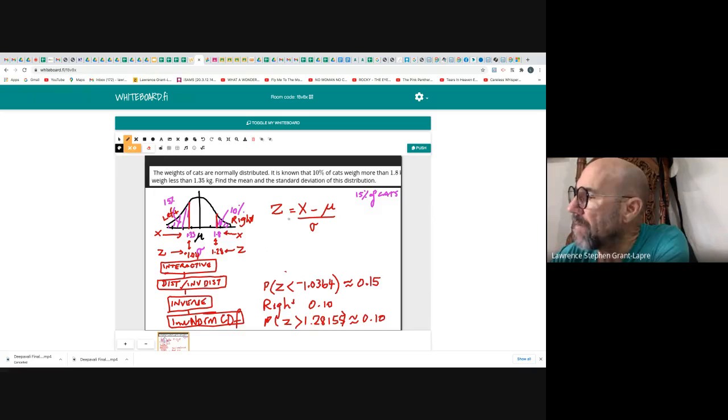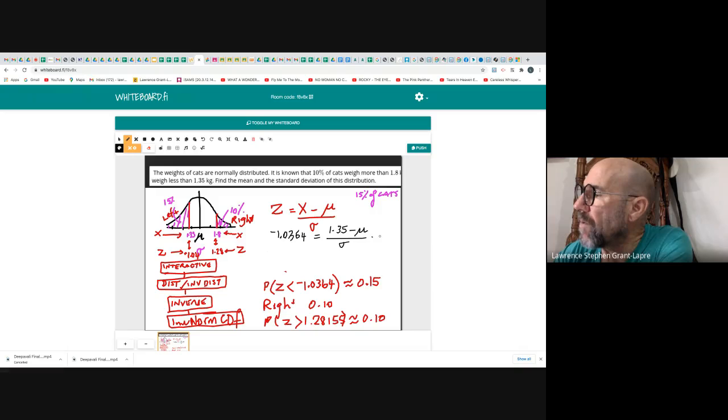The Z value is negative 1.0364, the X value is 1.35, minus the mean, over the standard deviation.